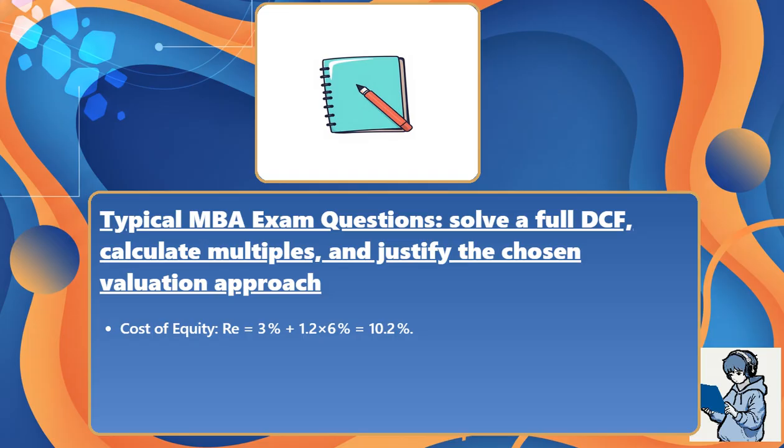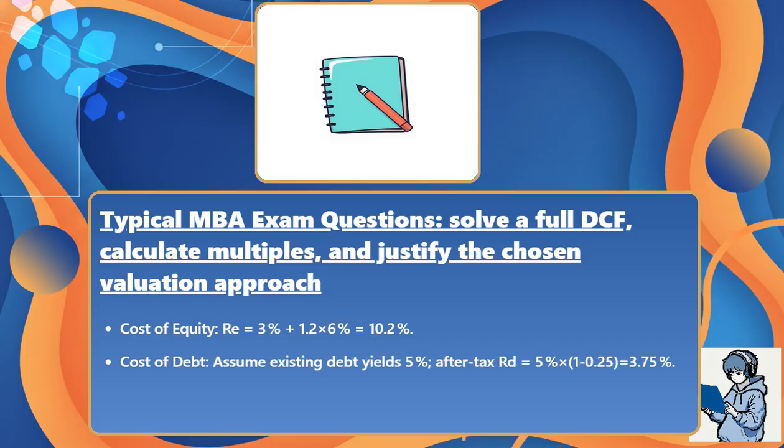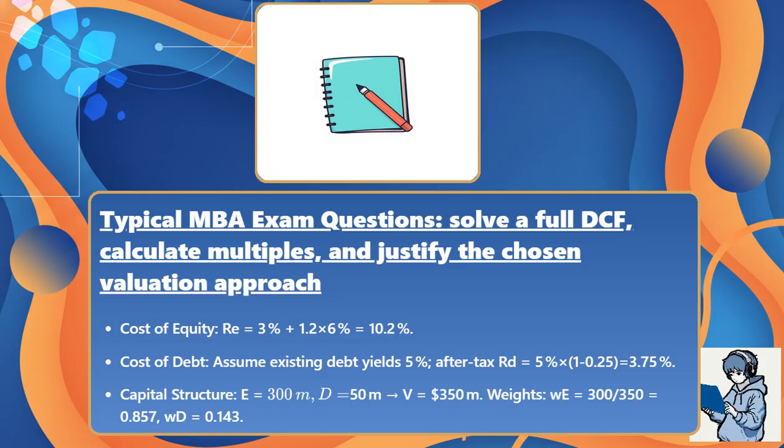Cost of equity, RE equals 3% plus 1.2 times 6% equals 10.2%. Cost of debt: assume existing debt yields 5%. After-tax RD equals 5% times (1 minus 0.25) equals 3.75%. Capital structure: equity equals $300 million, debt equals $50 million, which gives enterprise value $350 million.